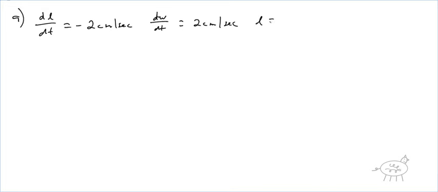And they give you that the length is 12 centimeters and the width is 5 centimeters. Part A tells you to find dA dt. So really, our area formula for a rectangle, of course, is area is equal to length times width.